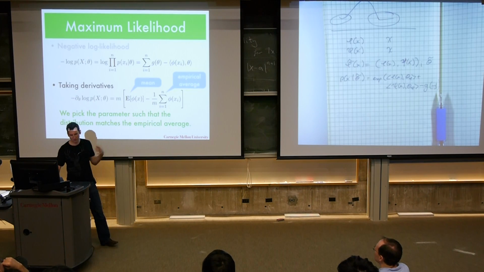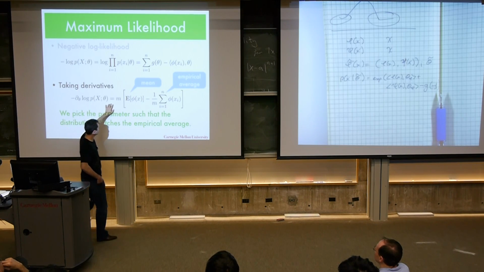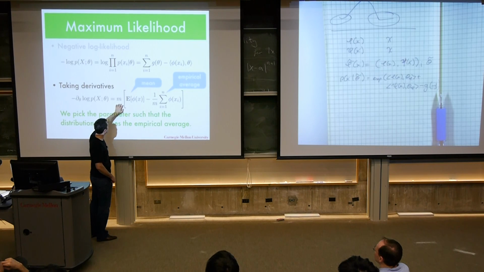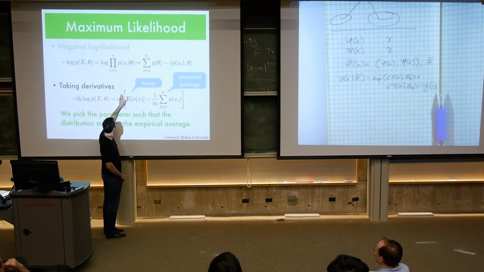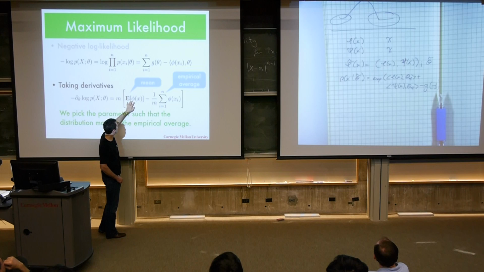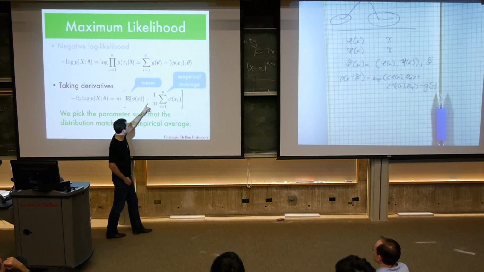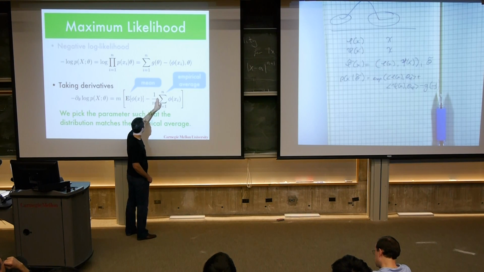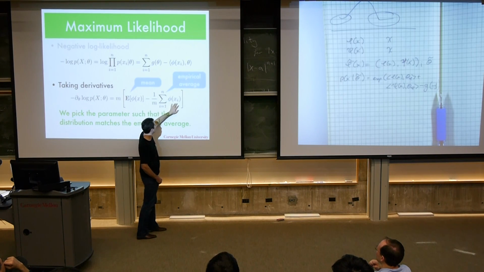So now if I want to maximize this, I need to take derivatives and set it to 0. Because we know that the derivative of g of theta is the expected value of phi of x, so that's what we proved before, minus 1 over n, sum over i going from 1 to n of phi of xi.